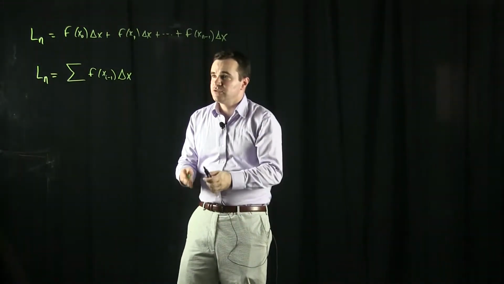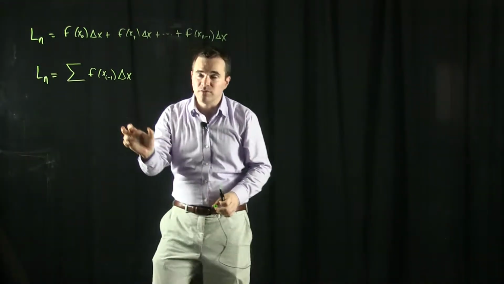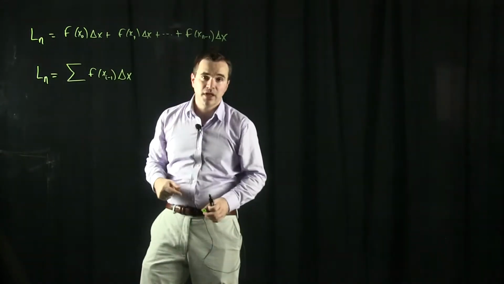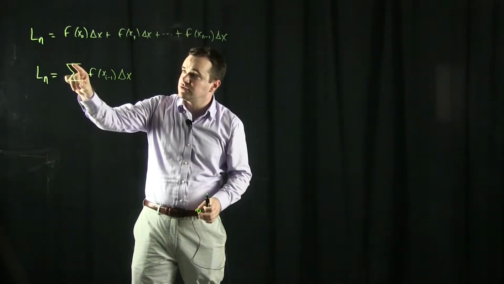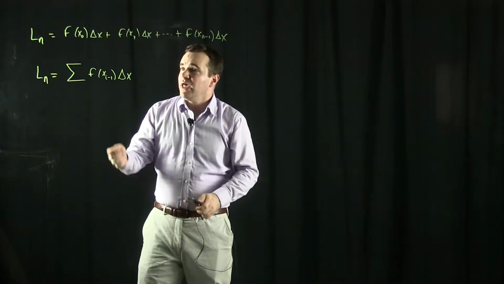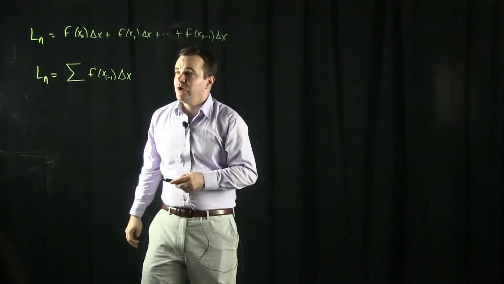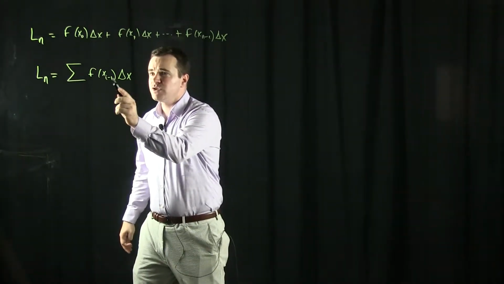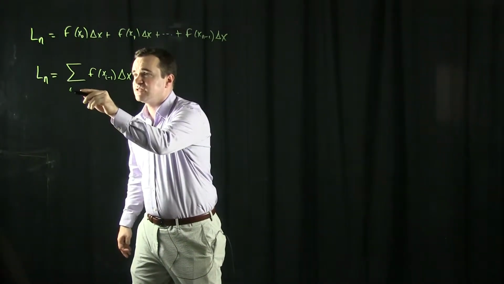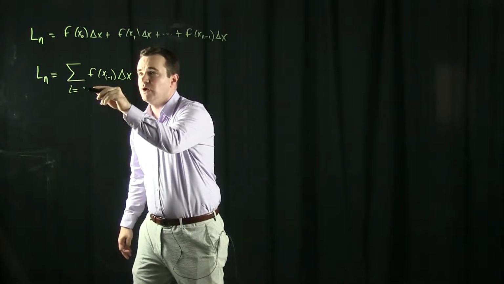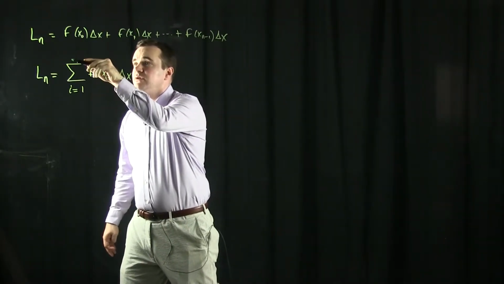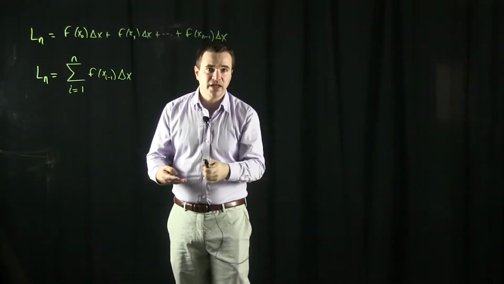Summation notation gives you the general formula you use to find the ith term. It instructs you to sum, that's the sigma, and then the last piece is the range of the i's. In this case, i goes from 1 all the way up to n, signifying n rectangles.